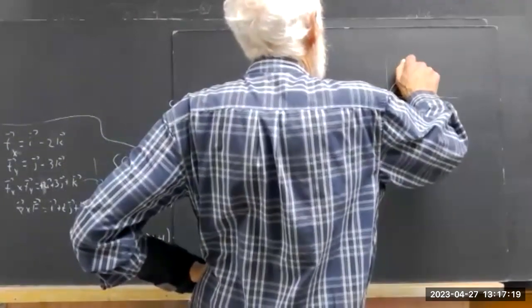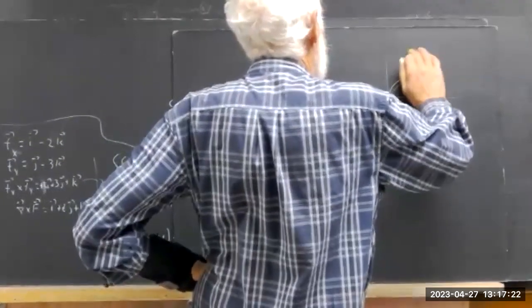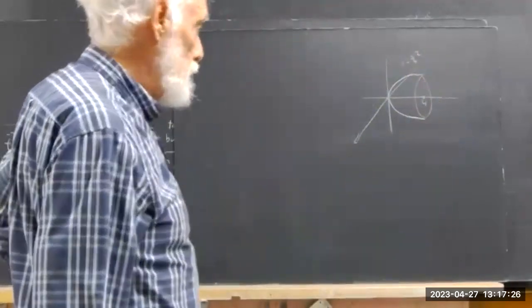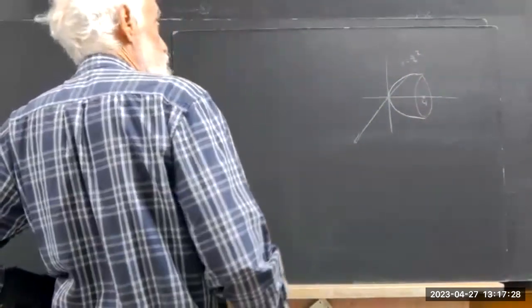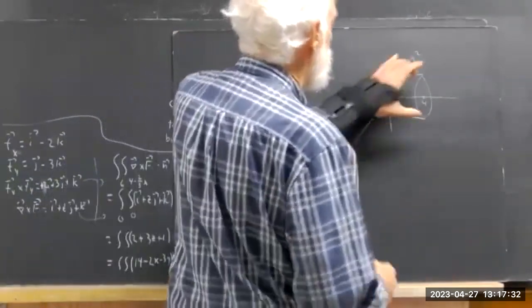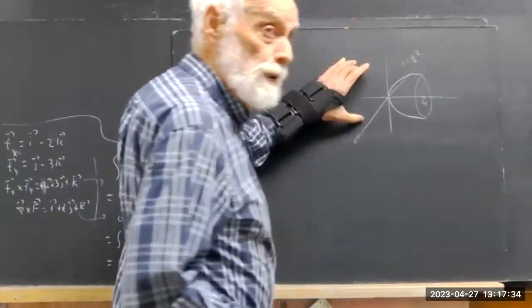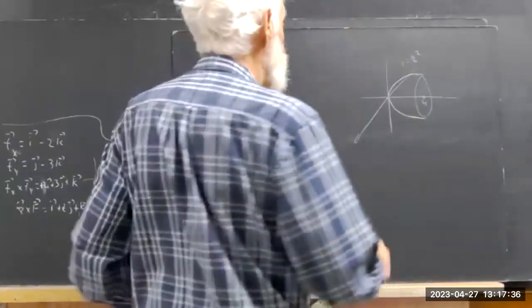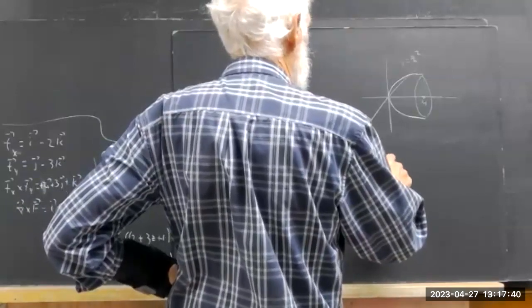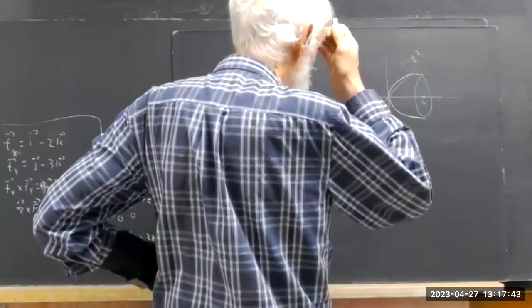This is like y equals z squared rotated around here. Now I'm going to parameterize it. If I project this back onto the xz plane, I find that I can parameterize this if x equals, and I think we got this one.